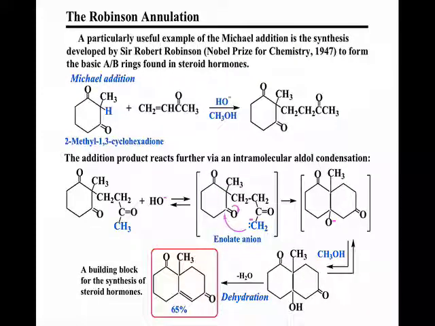Okay, so, before we get to talking about the Robinson annulation, let's do a little bit of stuff on the board here. From what you just saw, how would you memorize for the test how to know which nucleophile is going to do what?